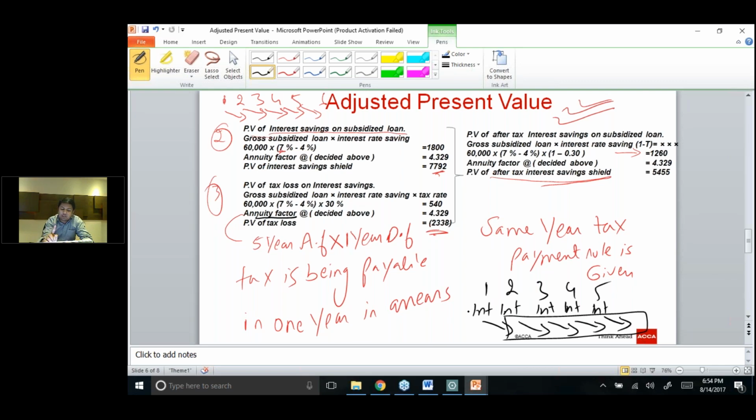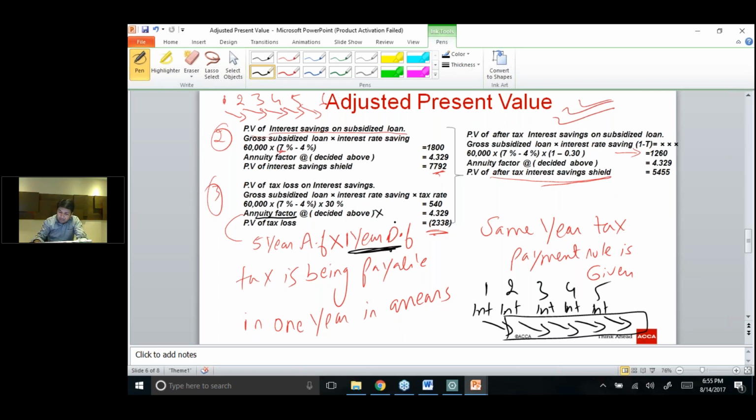So always remember, whenever tax is in arrears, do multiply with the same annuity factor, but then multiply it with the discount factor of year 1. Because whenever cash flow starts from year 2 and you apply annuity factor, its answer will be at the end of year 1. And if answer is at the end of year 1, multiply that answer with the year 1 discount factor.